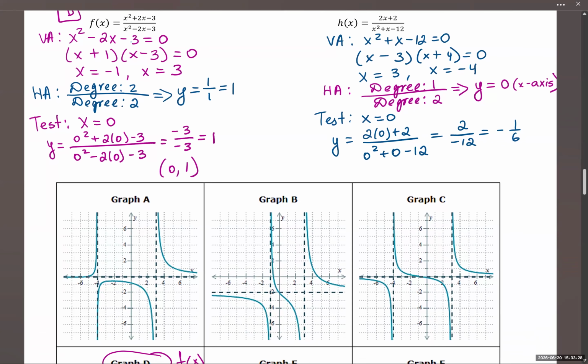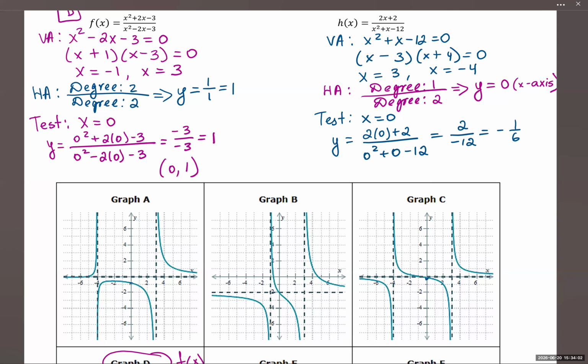Let's go ahead and look at our graphs. 3 and negative 4 are our vertical asymptotes. Graph A actually has the correct vertical asymptotes and the correct horizontal asymptote. But the test point, it is negative, but it's way too close to 1. So chances are it is not graph A. Graph B, not correct vertical asymptotes. Let's look at graph C. Graph C has the correct vertical asymptotes, has the correct horizontal asymptote, and look at the y-intercept.